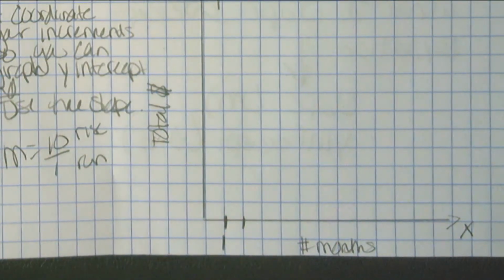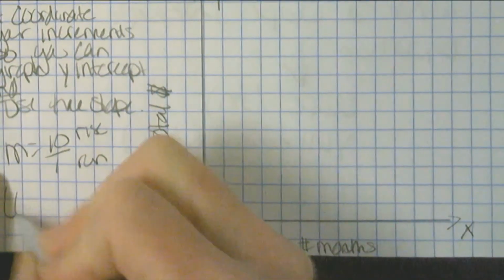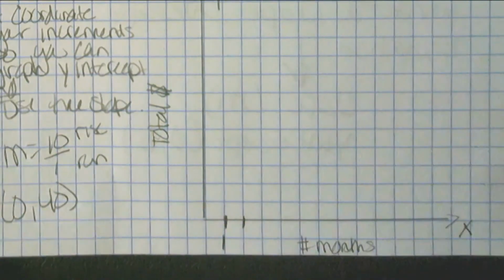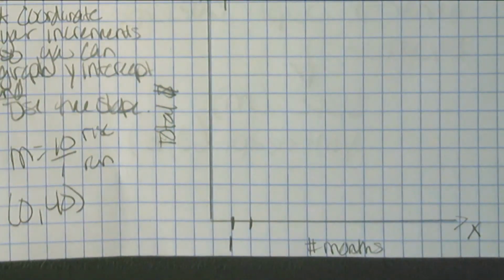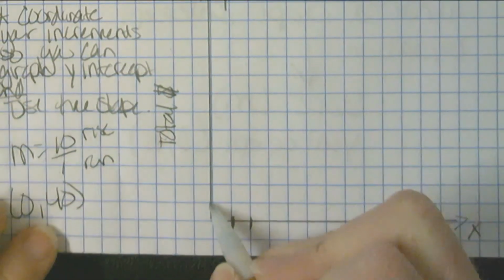All right, I need to graph (0, 40), and I need to be able to use my rise of 10. What should I count on by my y-axis? What should I count by? So I can graph my (0, 40), and I can use a slope of 10 over 1. Jacob? Yeah, I would say 10s.